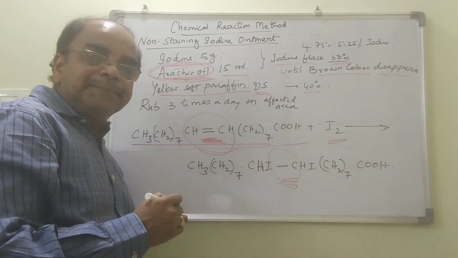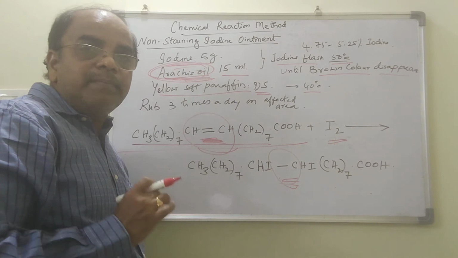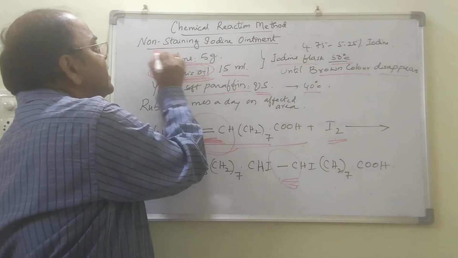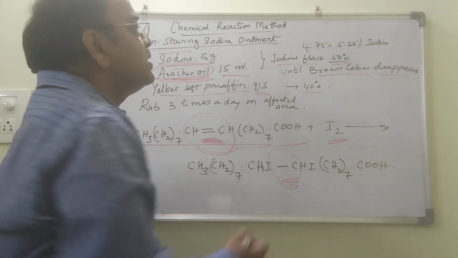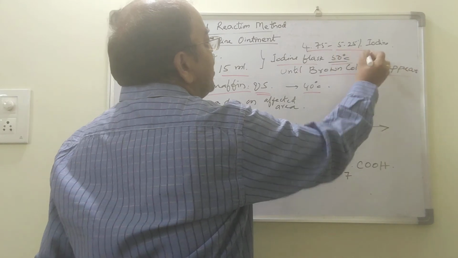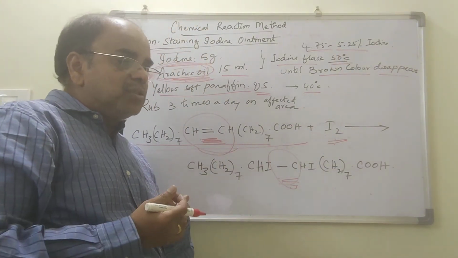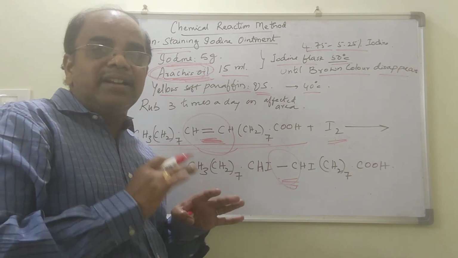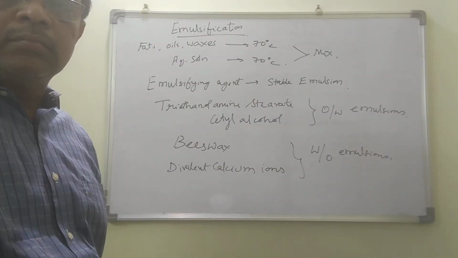Mix it thoroughly. That is the preparation of the non-staining iodine ointment. We can use it for human purpose also, because it is not causing any stain on the skin. Final preparation contains 4.75 to 5.25% of the iodine. Even finally, packing also preferably you try to do in a warm container so that it is not settling. Okay, that is the preparation of the non-staining iodine ointment.